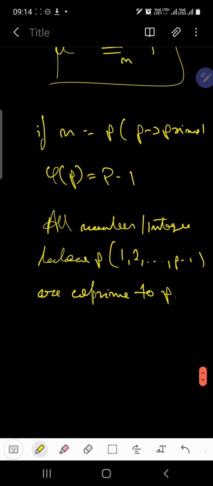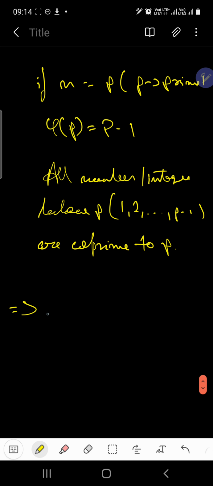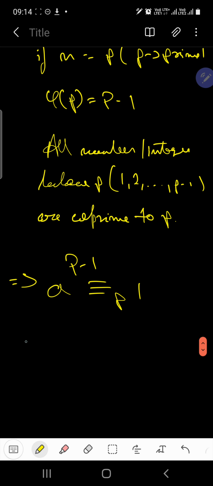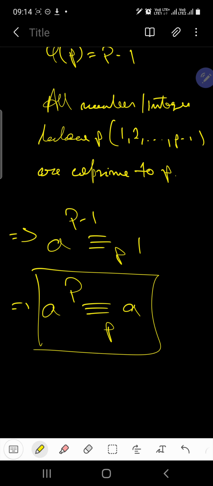Clear? That is the reason that phi p is p minus 1. And if phi p is p minus 1, we can easily write that a to the power p minus 1 is congruent to 1 mod p. So here you multiply by A, and a to the power p is A mod p, and that is your Fermat's little theorem.